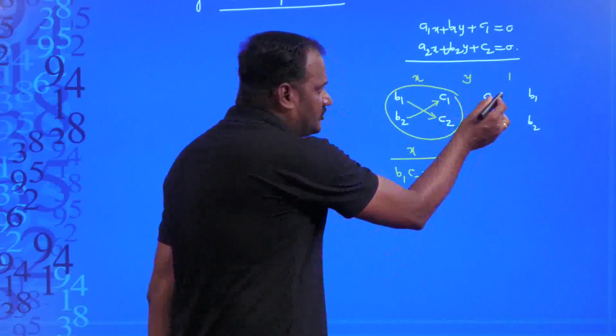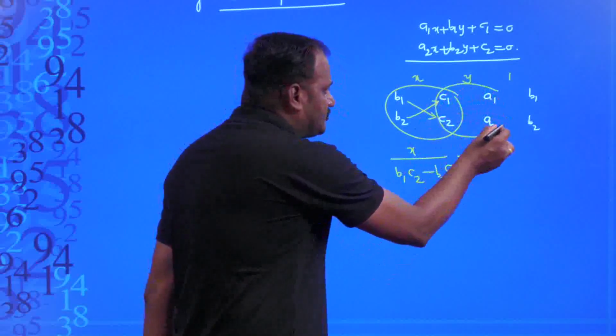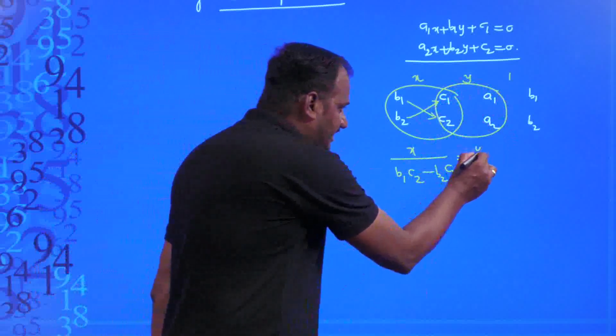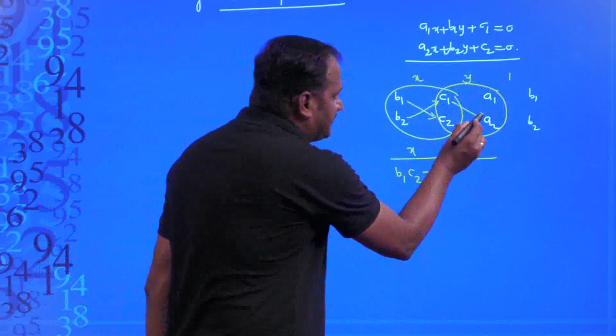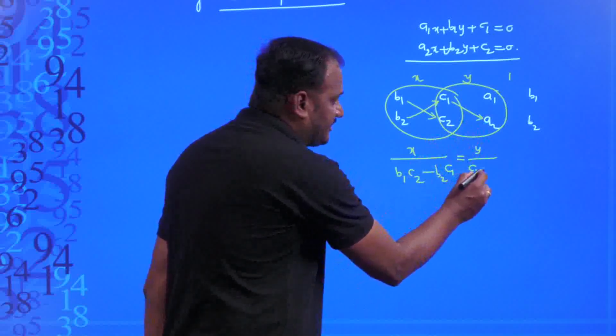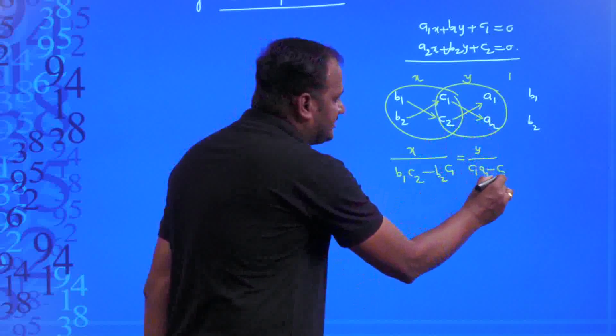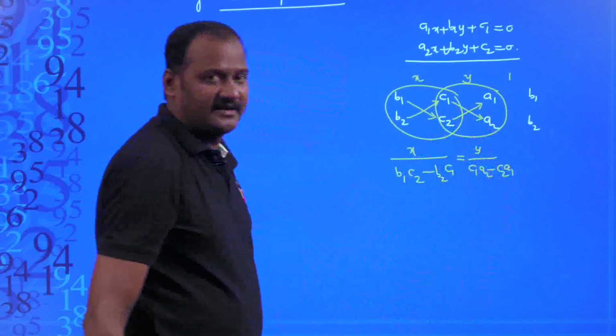For y you should do the same thing, again take these 2 columns and do the same cross product, which is equal to y divided by C1 into A2, C1 A2, minus C2 into A1, C2 A1, right.